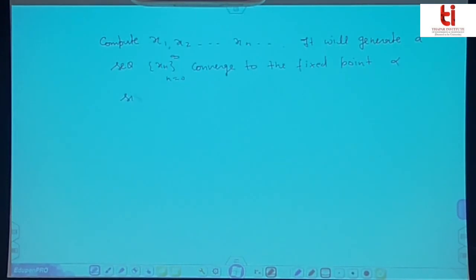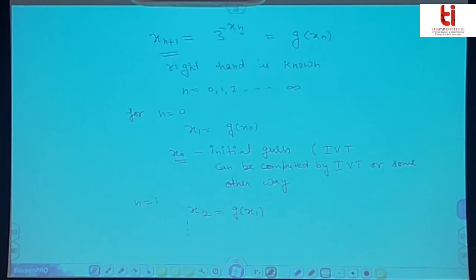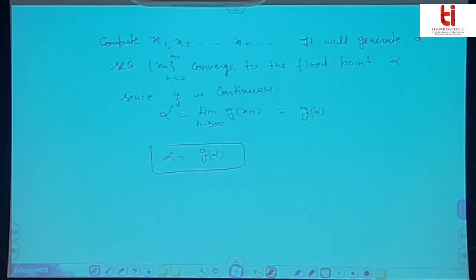Since g is continuous, we can write alpha equal to limit n tending to infinity of g of xn equal to g of alpha. So this alpha we can compute by the iterative scheme x(n+1) equal to g of xn.